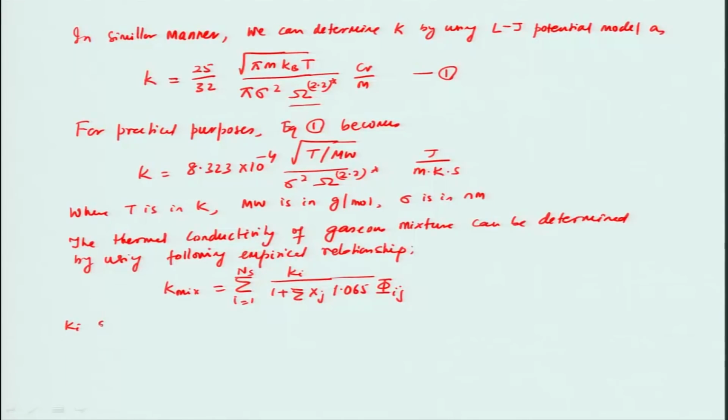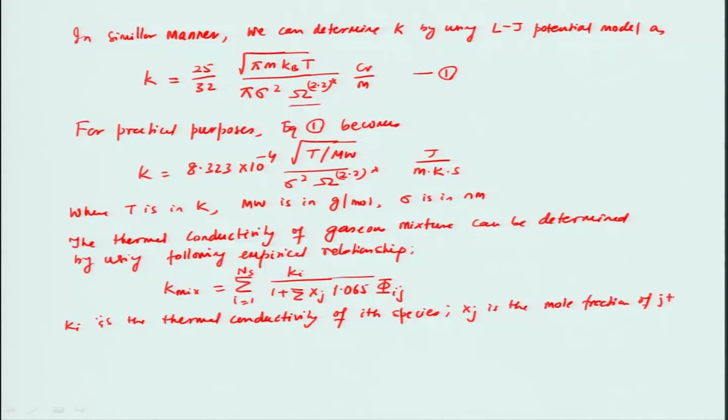K i is the thermal conductivity of the ith species, and x j is the mole fraction of the jth species.